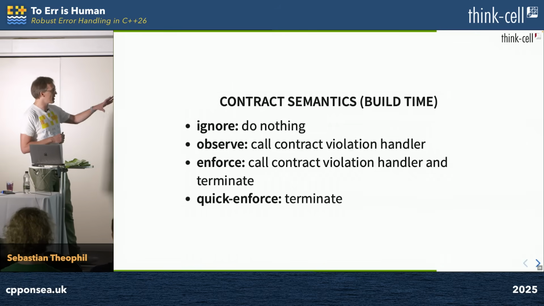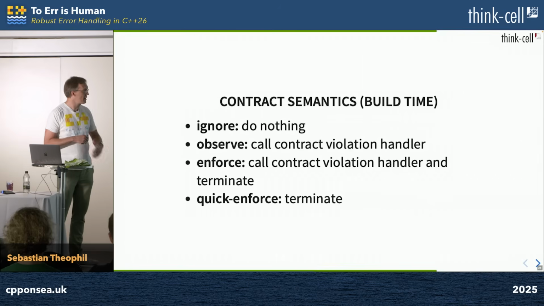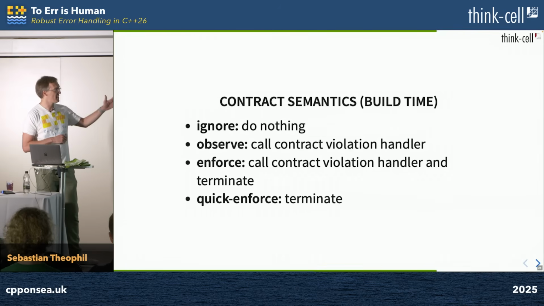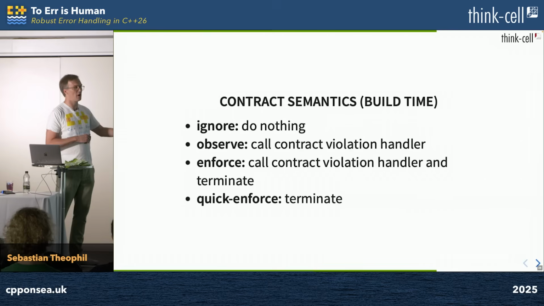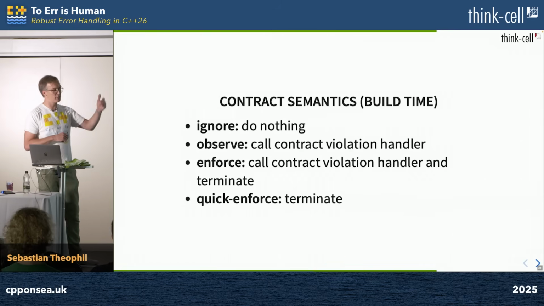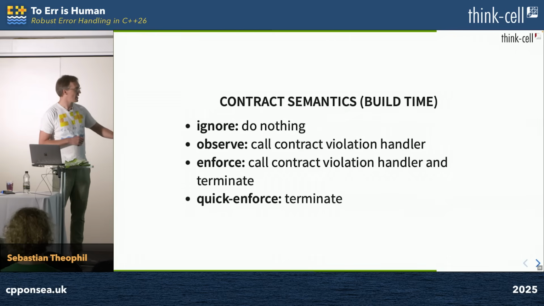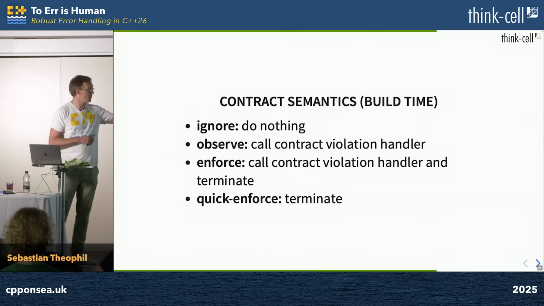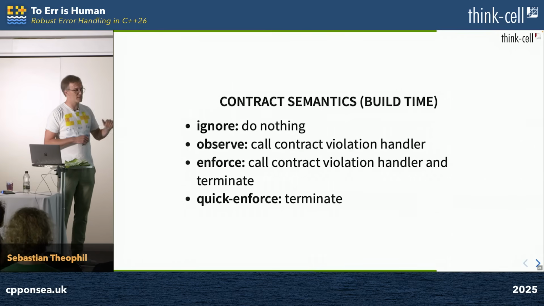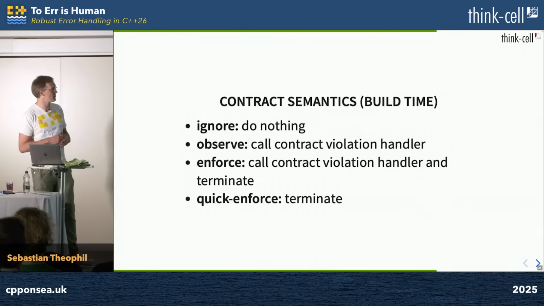And John Lake has made it very clear what those semantics are for. So quick enforce is, let's say you're a medical device. You are the Airbus A380 flight control computer. If something goes wrong, you shut off immediately. Enforce is what John Lake said Bloomberg does, right? So you want to know that your transaction handler fails, and you want to log this somewhere, and then you stop handling those transactions.